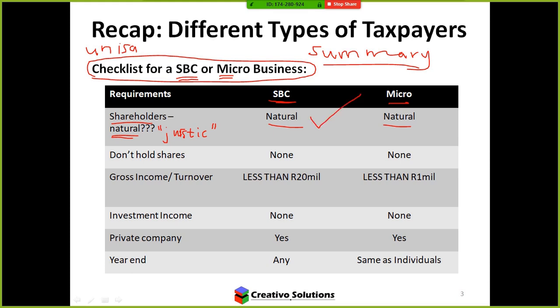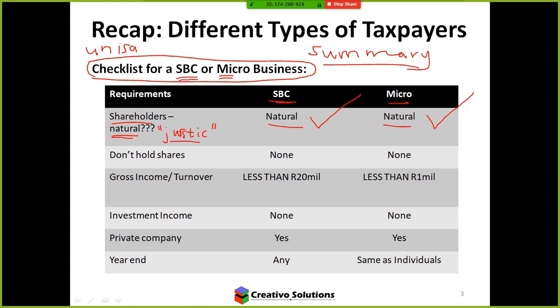It must be a natural person. It cannot be a juristic person being a shareholder of a particular company. And that's the first requirement. So when looking at SBCs and micro, the first thing you need to look at is, do I have a natural or a juristic, unnatural person, basically. That's the first check. If you've got that, then you can move on to the next check.